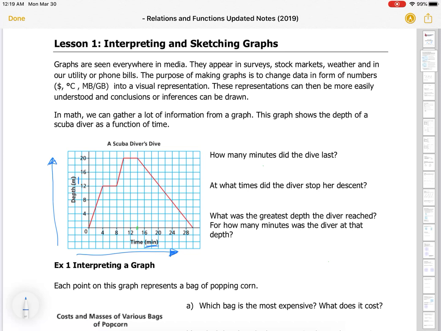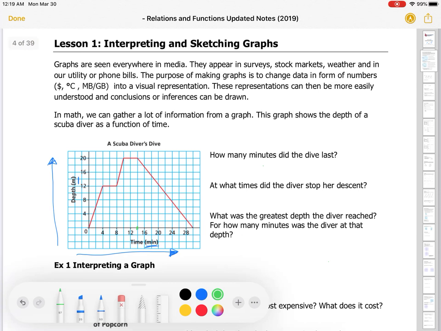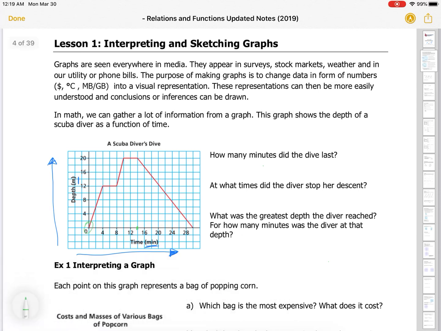Looking at the graph, we want to know how many minutes the dive lasted. It started at 0 and ended right there, which is 30 minutes. That's how long the dive lasted, because we looked at the start and the end. At what times, and notice it says times, did the diver stop her descent?